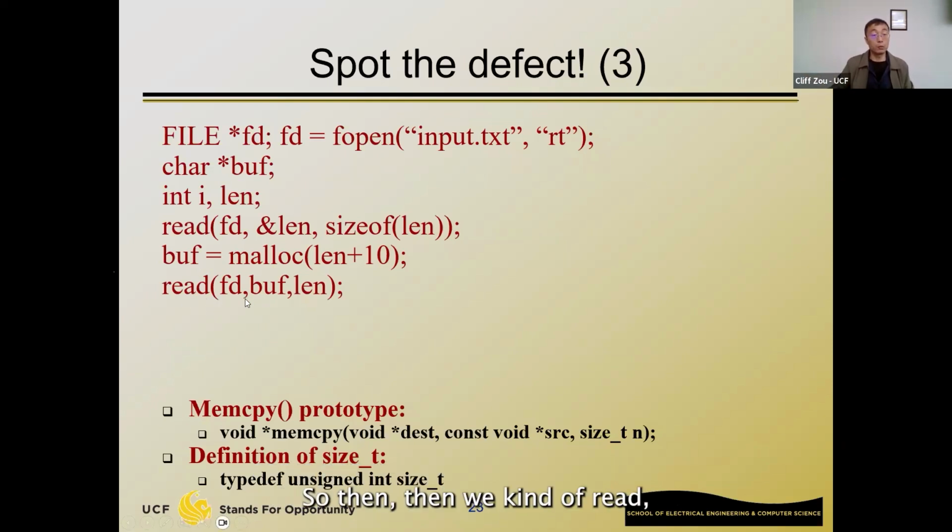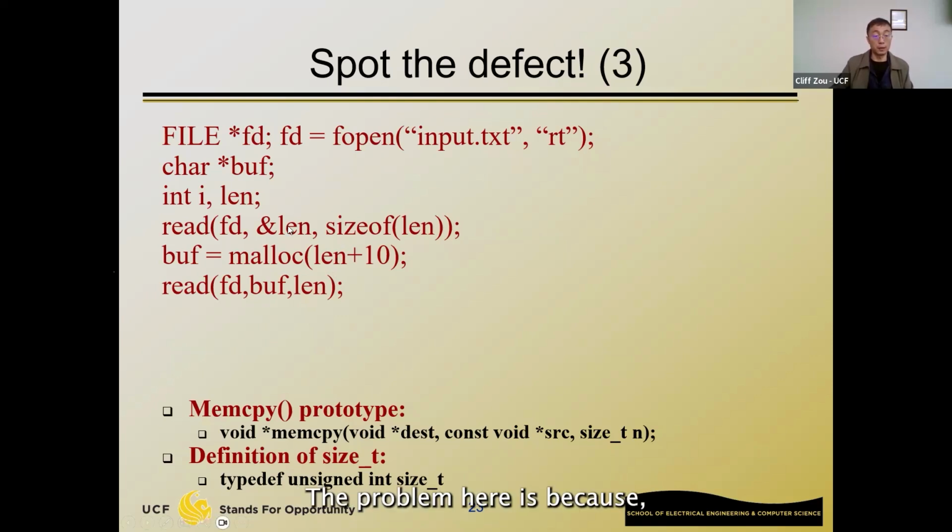So then we can read the data from this input file. That's the basic idea for this code. If the user wants 5 bytes, then we will allocate 15 bytes. So it will always be large enough to hold the input.